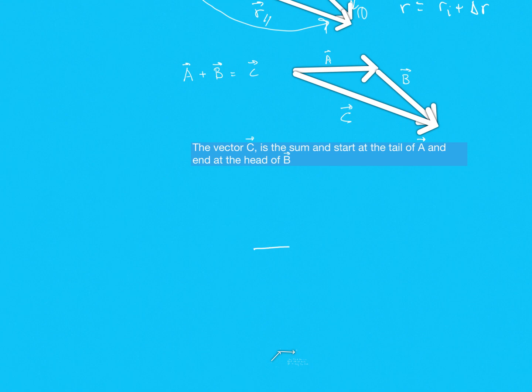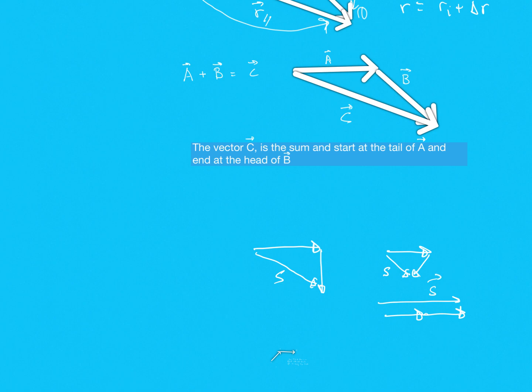If you want to sum this vector with this vector, it will be this vector. If I want to sum this vector with this vector, it will be this vector. This is the sum.